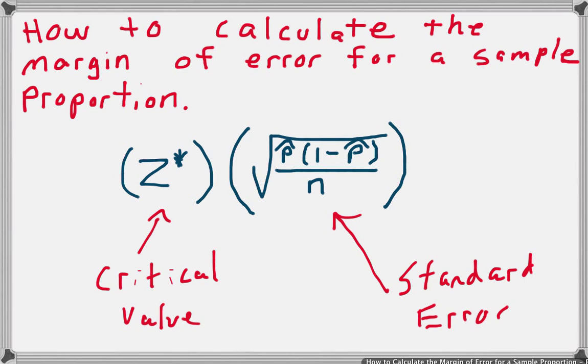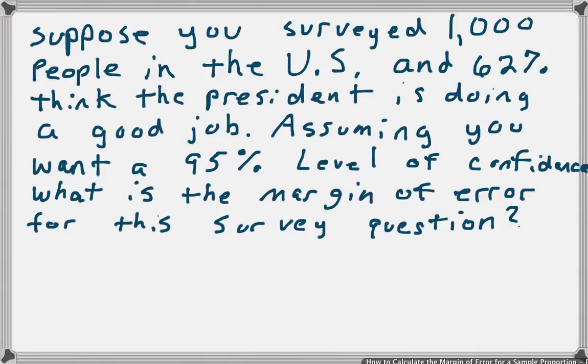So if we do a survey or a poll, we can find the margin of error given the data from our sample. I'll go through a couple examples here, show you how this works. Here's the first example.